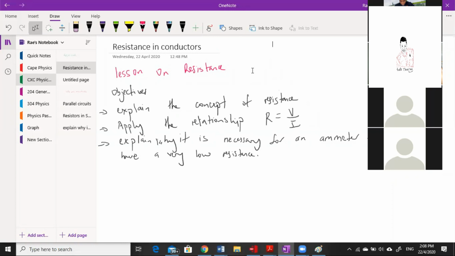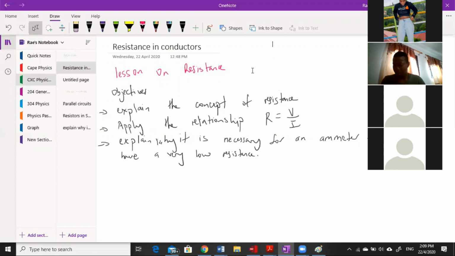The resistance in a conductor is the opposition to the flow of electrons. Full stop. Do we have that? Yes, sir.